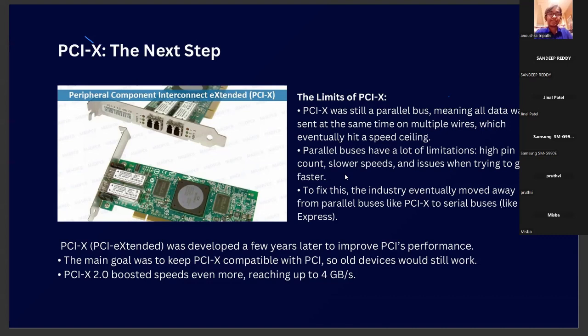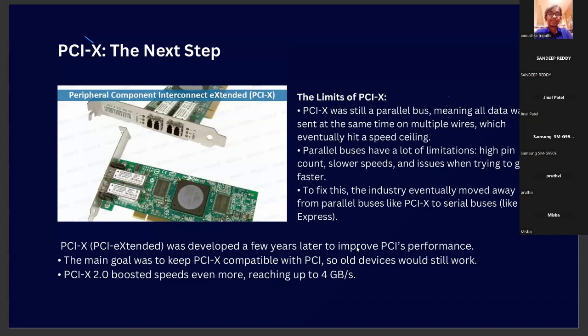So the limits of PCI-X. Despite the improvements, PCI-X had its limitations because it was a parallel bus. In a parallel bus, data is sent across multiple wires at the same time. While this worked well initially, it eventually hit a speed limit.